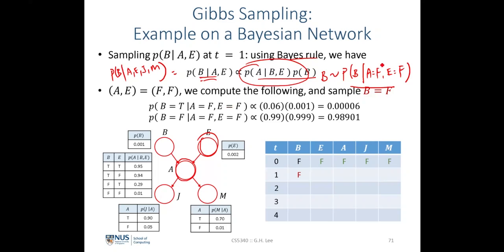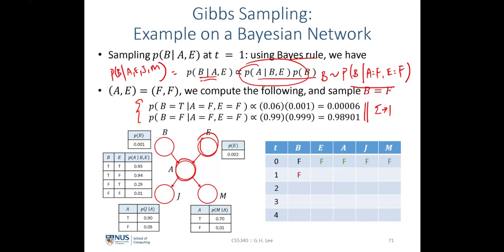And now, since B takes a binary state, we can easily compute these two probabilities from the given probability distribution tables, which work out to be these two values over here. And of course, we need to normalize these two such that they sum to 1.